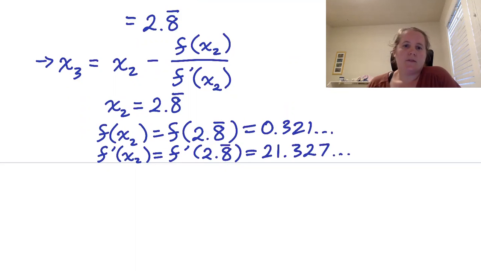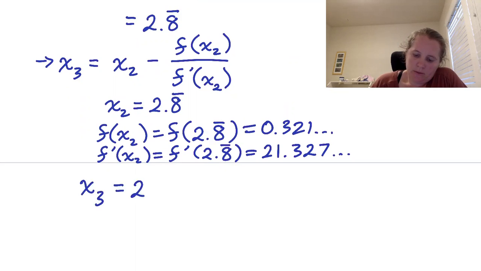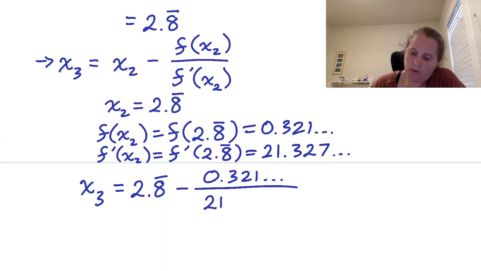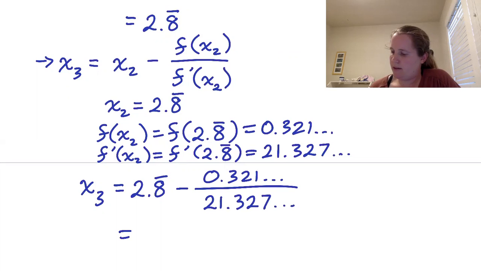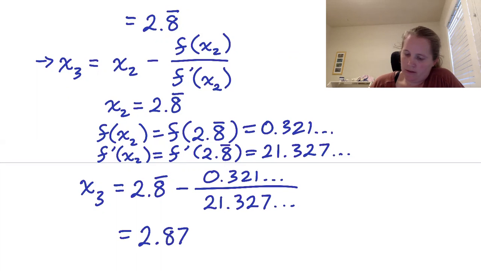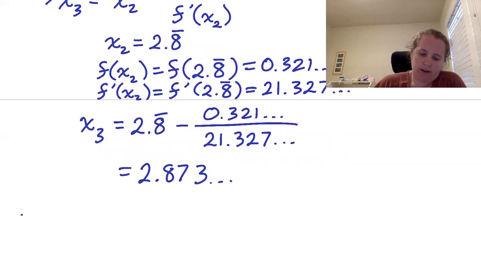So we have x3 is equal to 2.8 repeating minus 0.321 dot dot dot divided by 21.327 dot dot dot. And if I plug that into my calculator, we have 2.873. So we're no longer 2.888. Our digits have changed. So now we're going to go ahead and find x4.